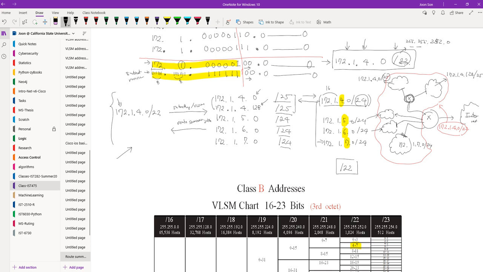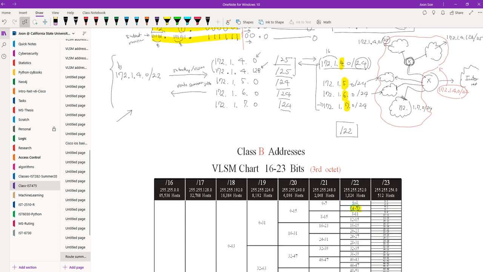So this block, basically, means 4 to 7. If this is going to be one block, one summary, then you know that your addresses are going to be like 0, 4, then 8, and then 12, etc. Okay.